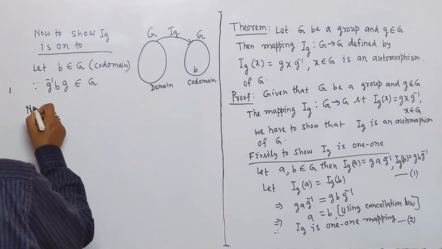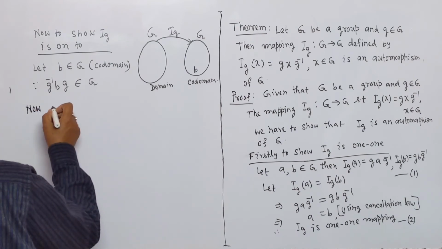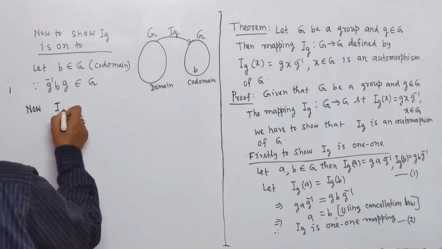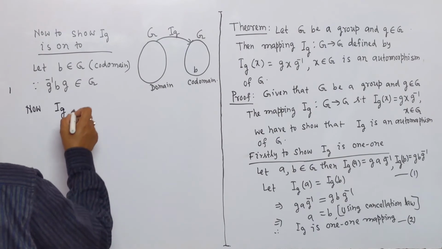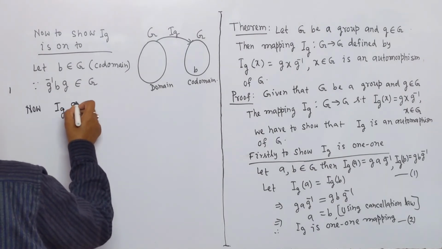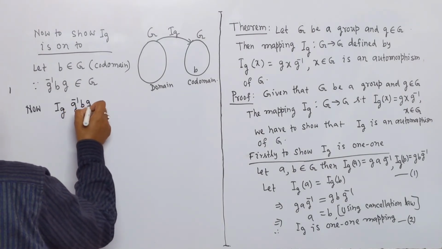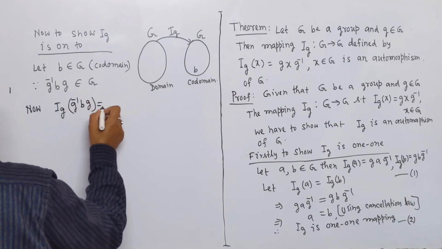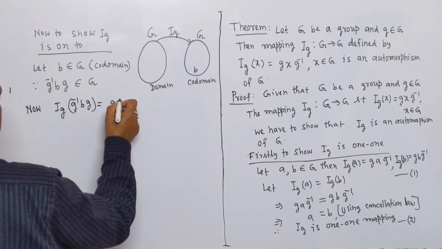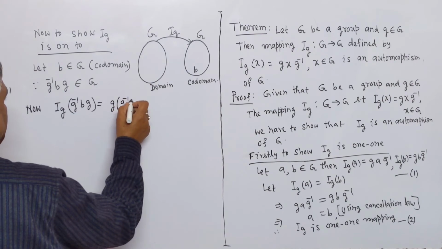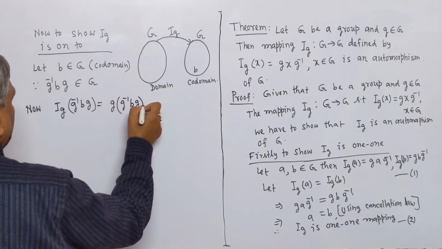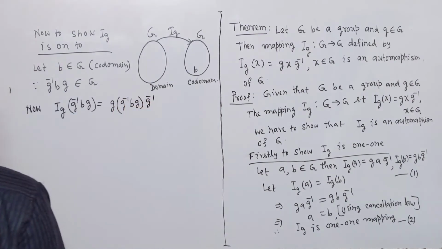Now, I_g of g inverse B g equal to g g inverse B g g inverse.